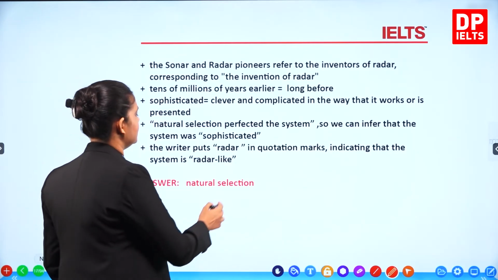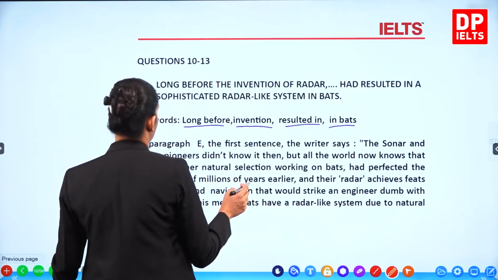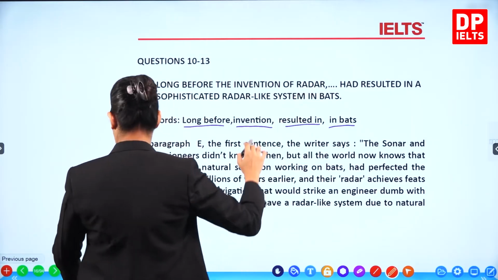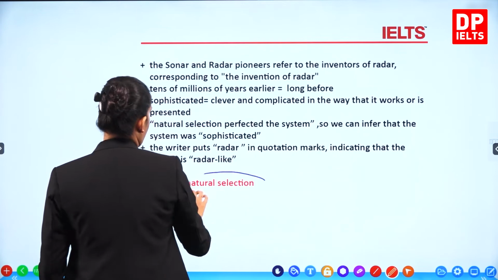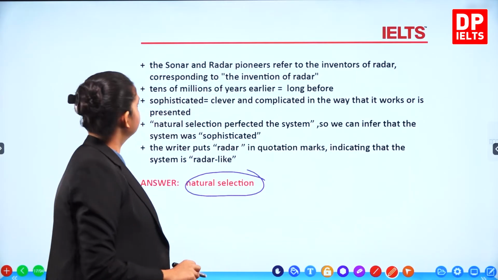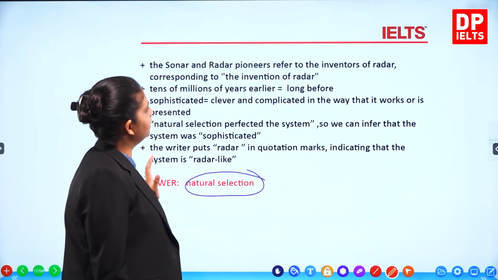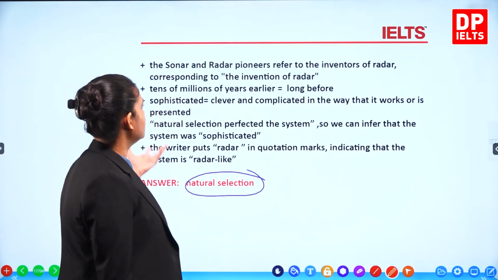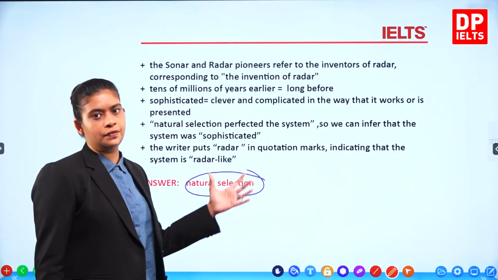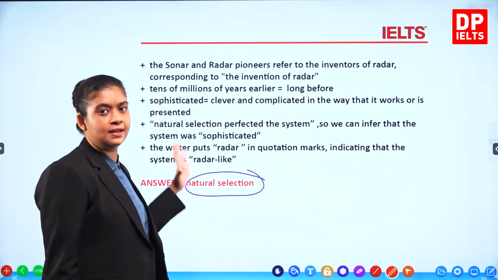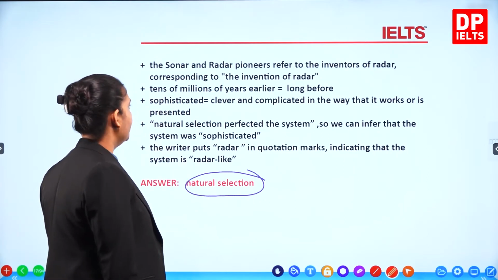Right? So, you can see here, radar, what's the word there? Natural selection. Okay? The sonar and the radar pioneers refer to the inventors of radar, corresponding to the invention of radar, right? So, here tens of millions of years earlier means long before.